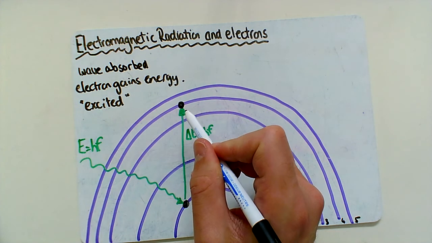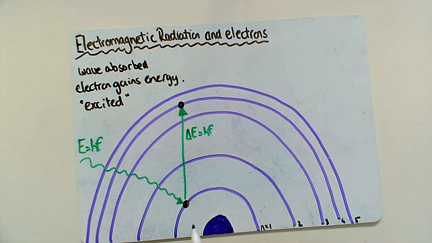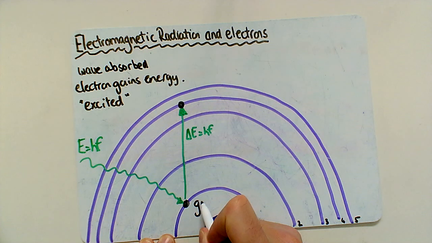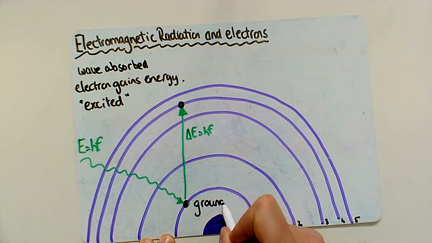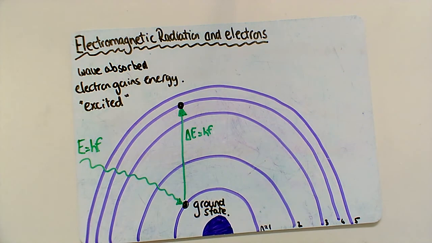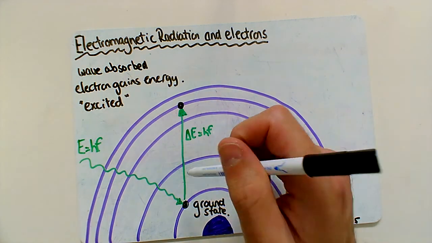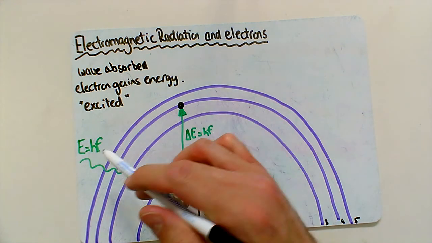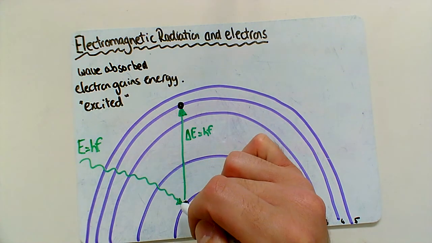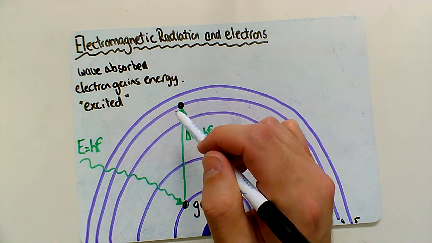So that would be an electron in an excited state. This state, and where it starts, we would call that the ground state. Now this energy here, you constantly need that energy provided in order for that to stay in that position.